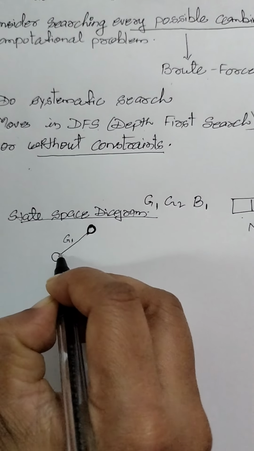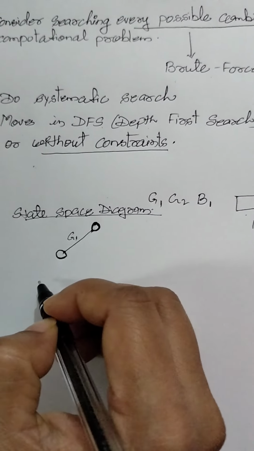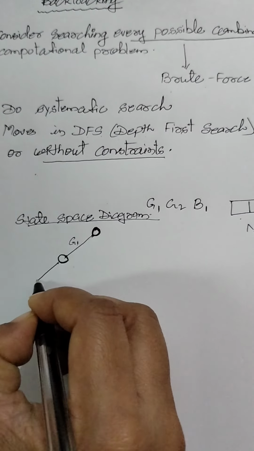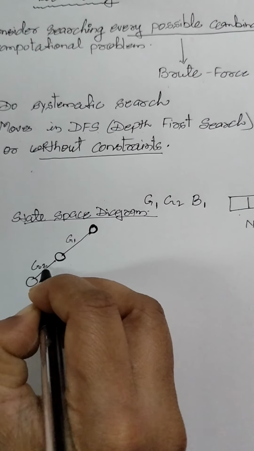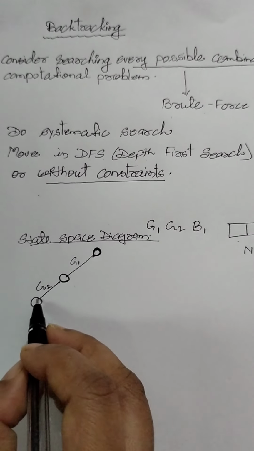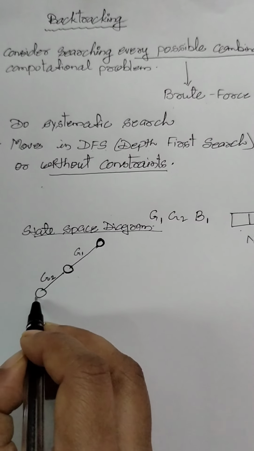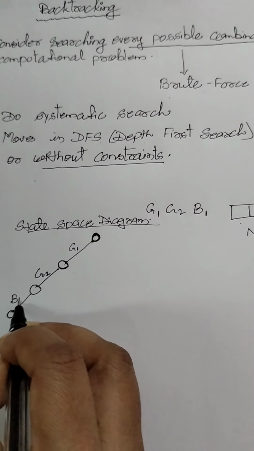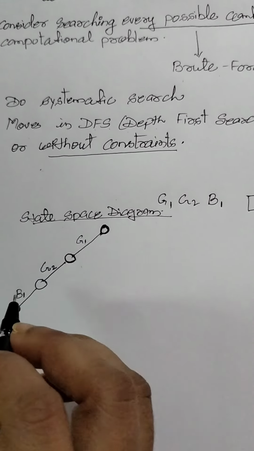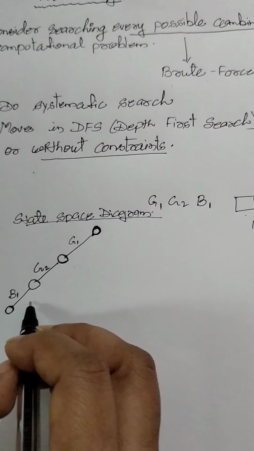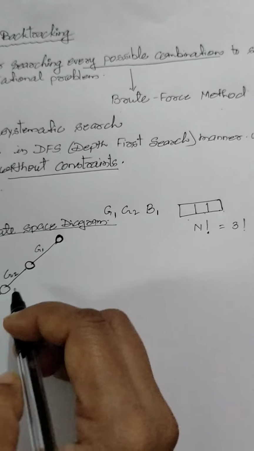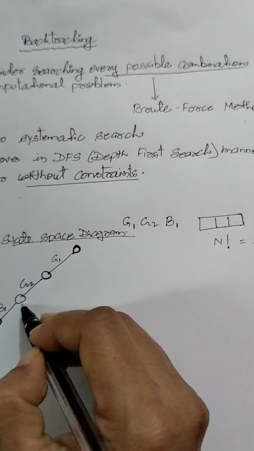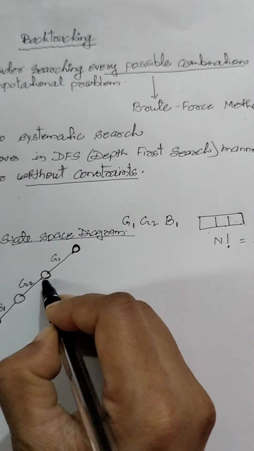Now G1 has taken a place at the first chair. Now suppose G2 has taken the second place, and now at the third chair we have boy B1. This may be one option. Suppose boy B1 is removed from this chair. We come here, but we have no option.